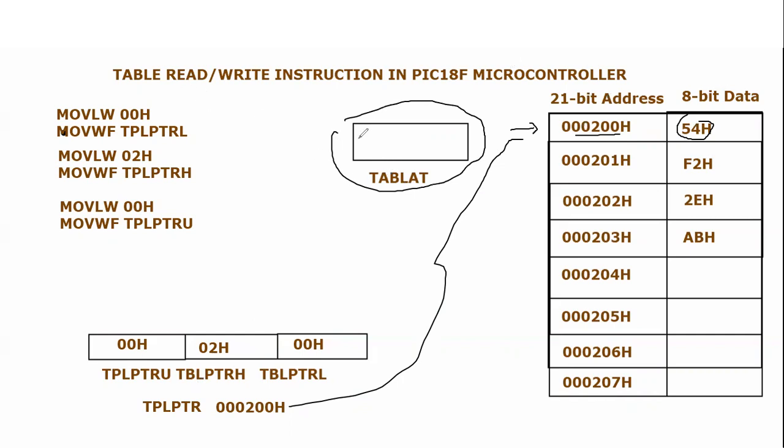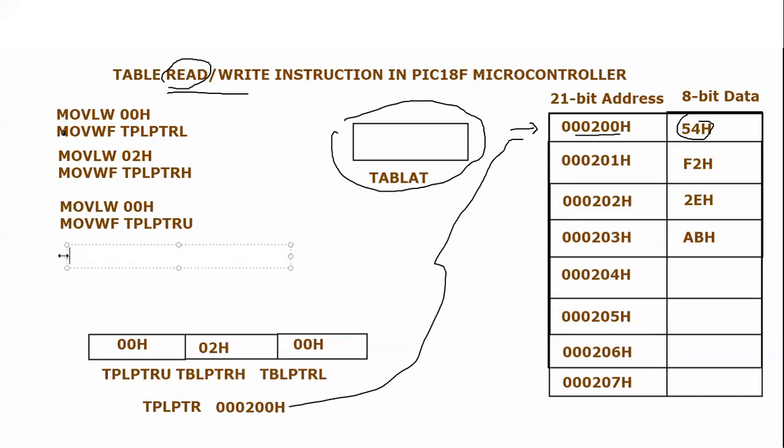So we will import the value pointed to by the table pointer into this TABLAT register of data RAM. And how can you do it? Since we want to read the value, we will be using read write instructions, but specifically a read instruction, because we want to read what is already stored in the table.